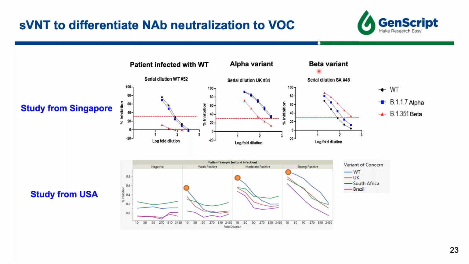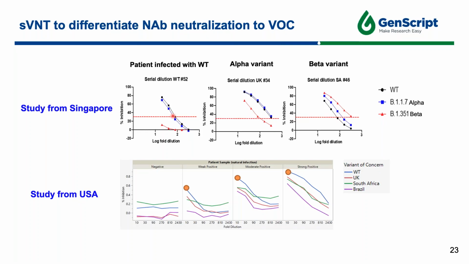For example, if the patient was previously infected with beta, its neutralization level against beta is actually the highest. But if the patient was infected with wild type, the neutralization level against the wild type and the alpha is very similar. So it depends on which variant you are looking at.